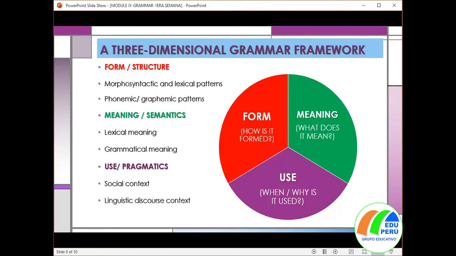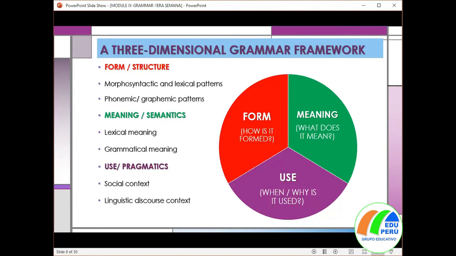Also, the linguistic discourse context. So in which situations, in which context, are you going to use this structure?